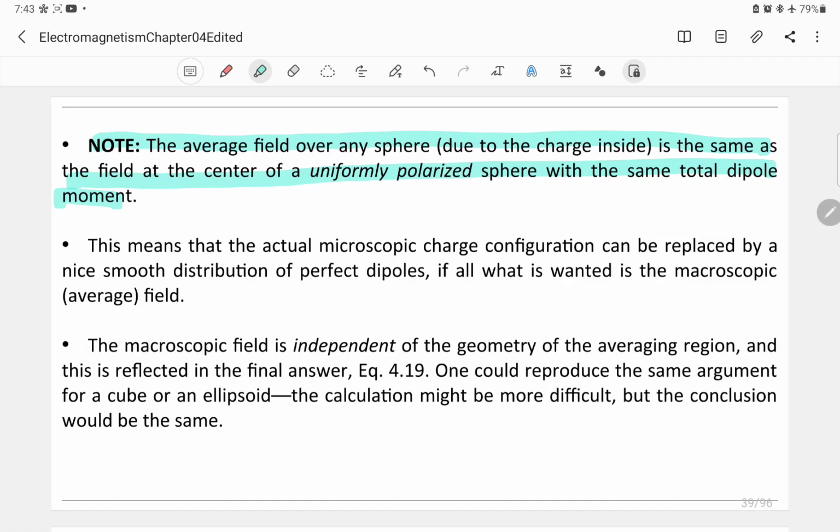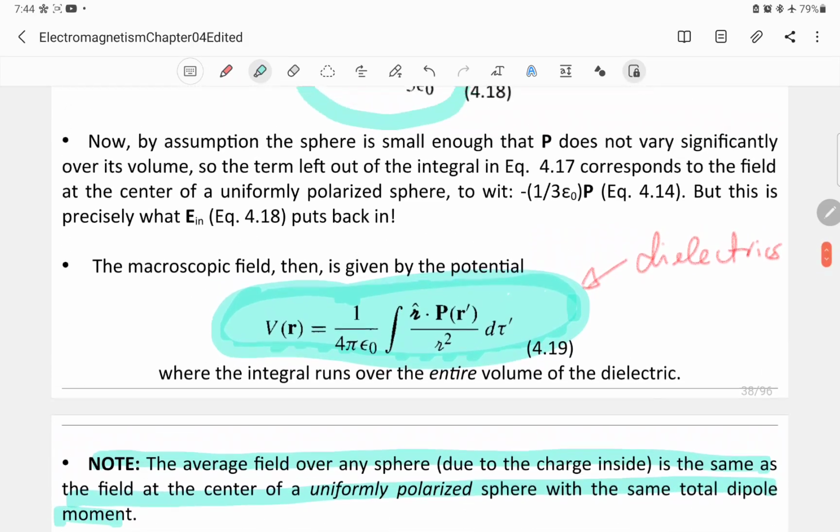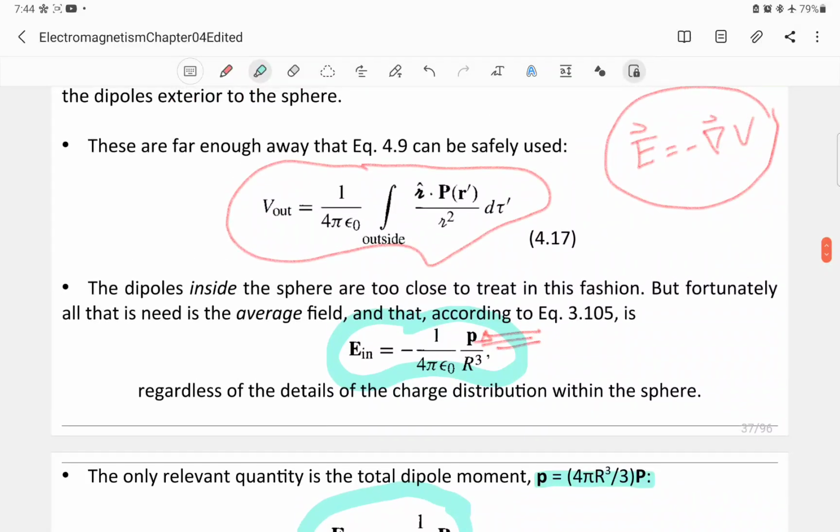The macroscopic field is independent of the structure of the averaging region where you're measuring the electric field, and this is of course derivable from 4.19, which is this. So this is the formula of the potential. And remember that you can always get the electric field by this one.